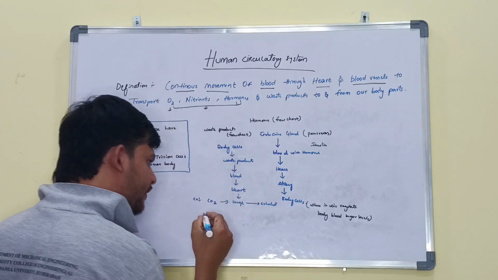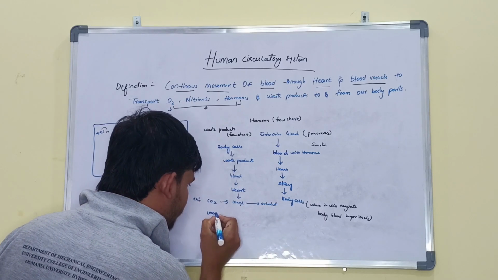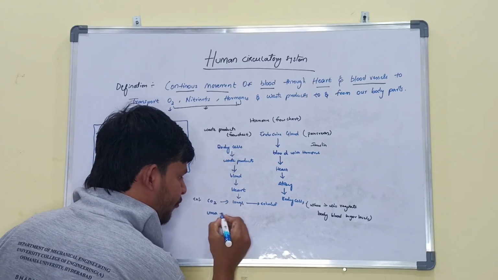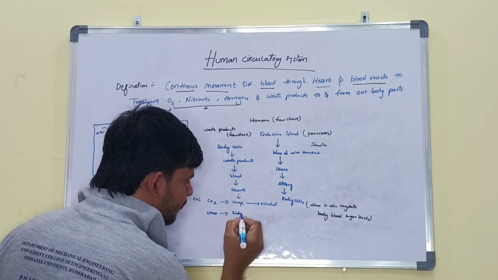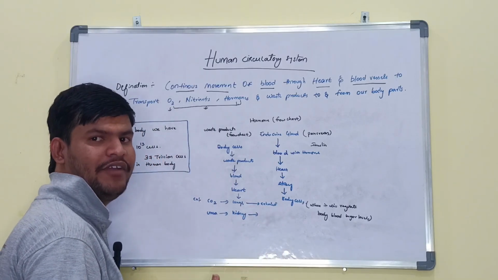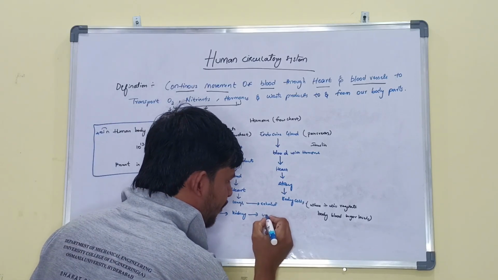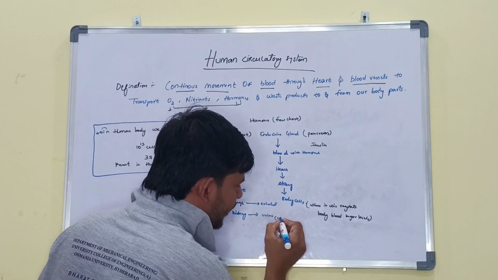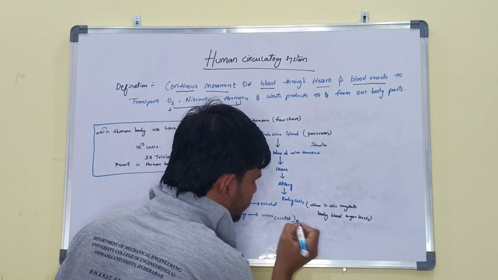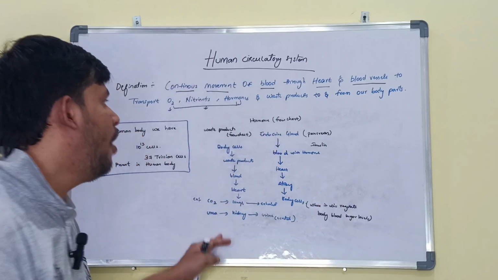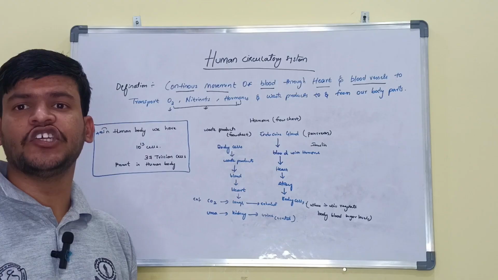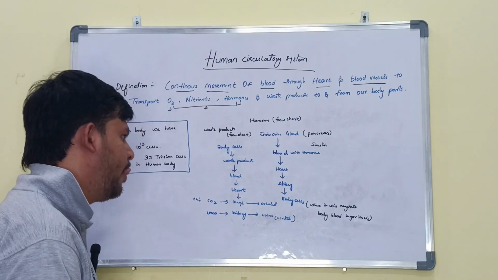If we take another example, urea, it is a waste product which will be transported to kidney. This kidney will excrete this urea waste product with the help of urine. This is how the human circulatory system will work.